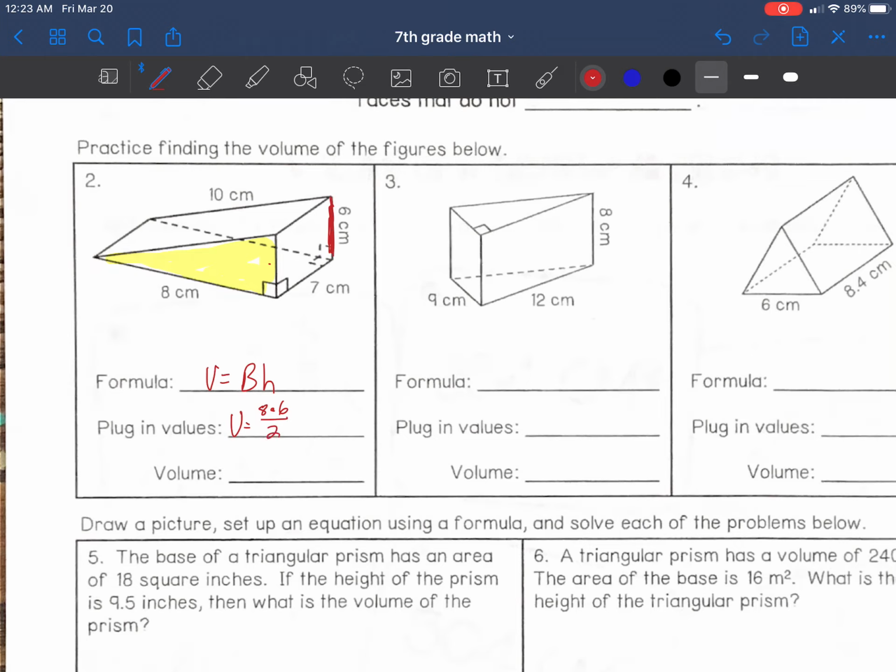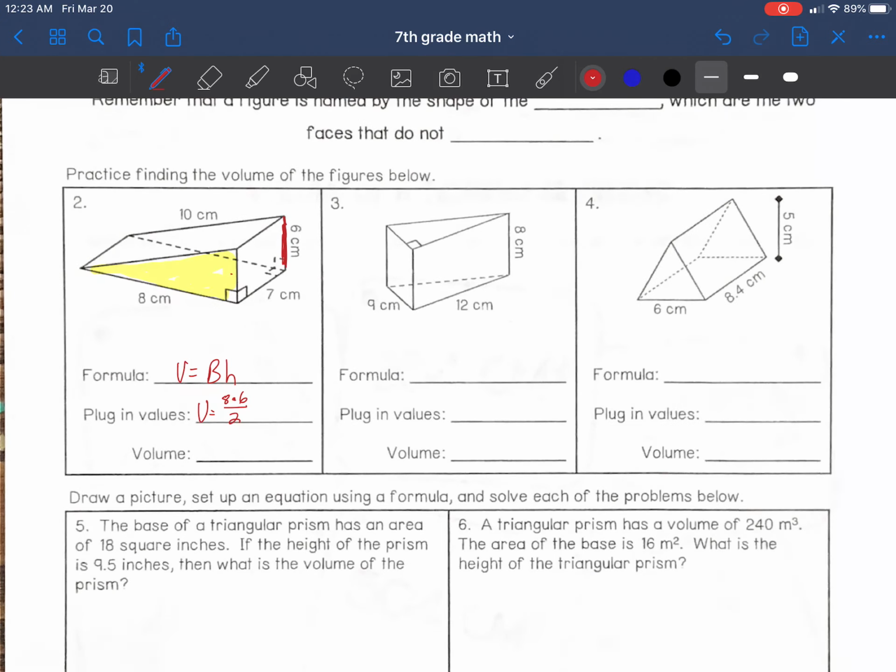We know 8 times 6 is 48. 48 divided by 2 is 24. But then it's times 7. So when we solve the area of the base times the height, we're going to end up getting 168 centimeters cubed.